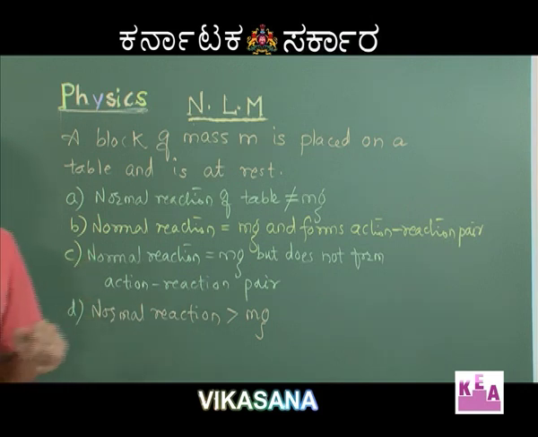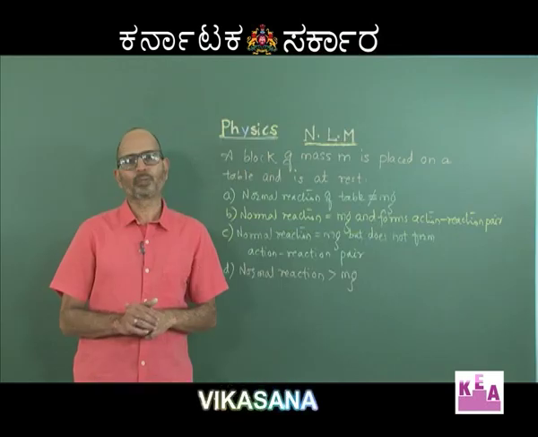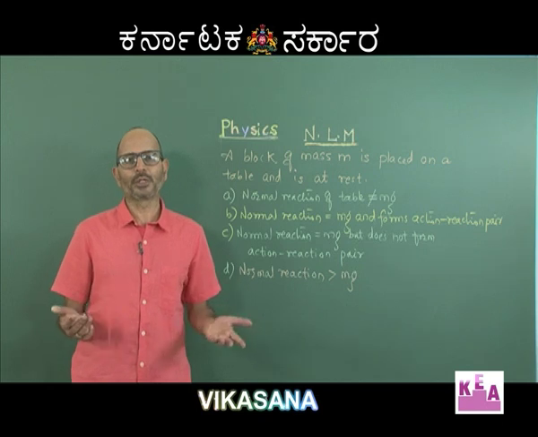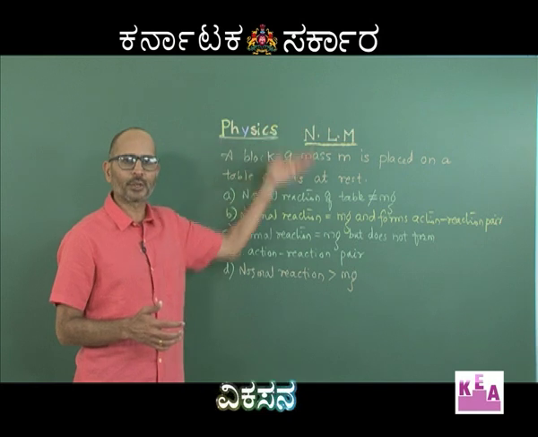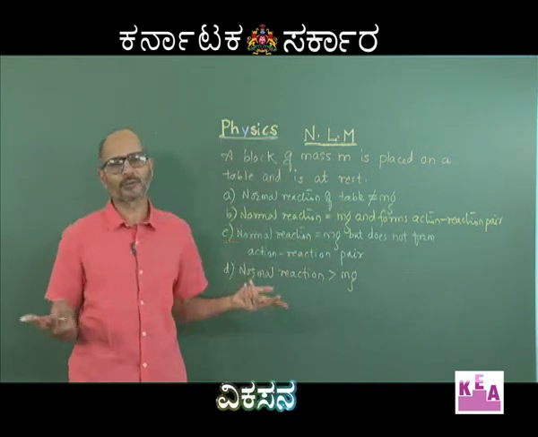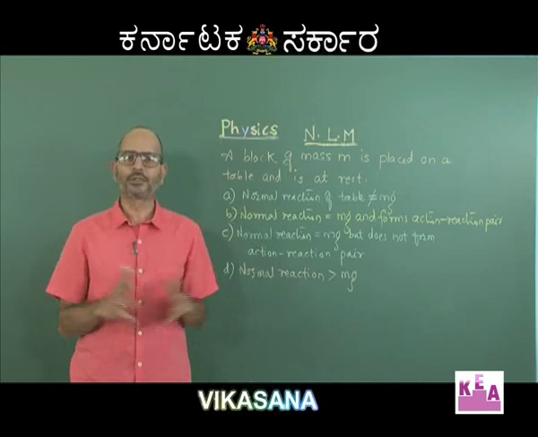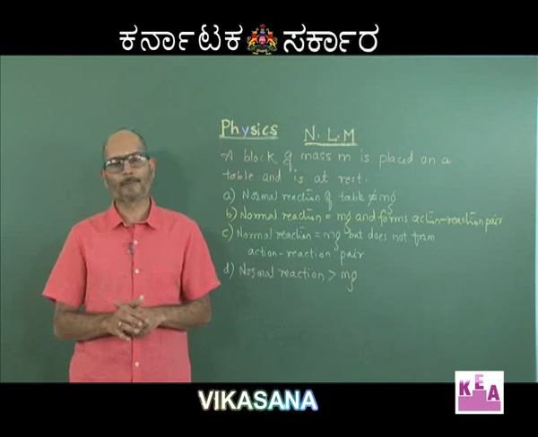Fine? Okay, so see, you have kept the block on the table and it is at rest, and if it is at rest, according to Newton's first law, the net force acting on that block should be equal to 0, or else it would have accelerated, and neither it is accelerating upwards nor downwards, nor horizontally towards the right nor towards the left. Therefore, if it is at rest, then all the forces acting on the block taken together should be equal to 0, right?